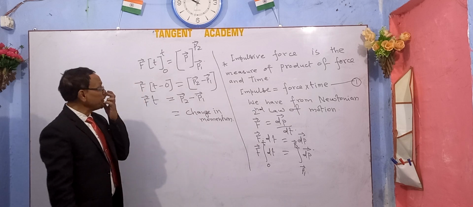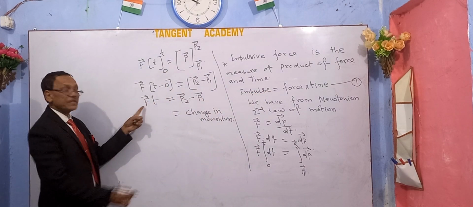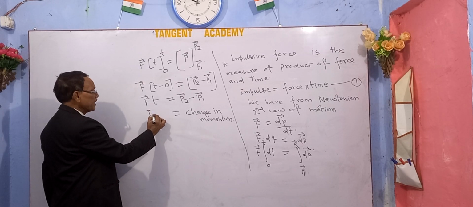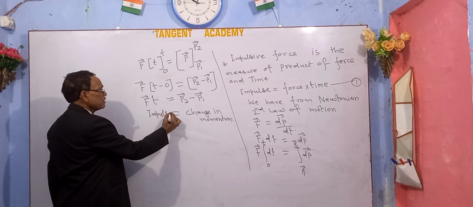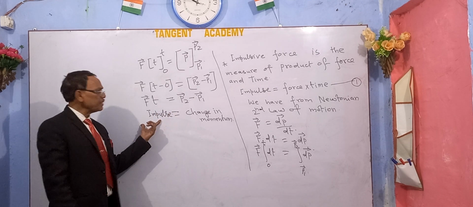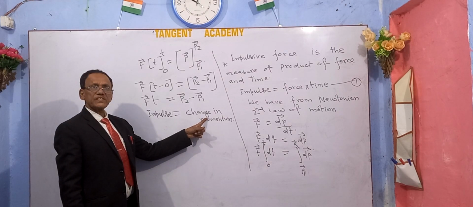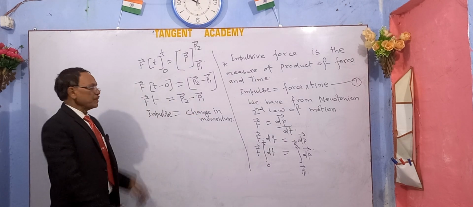And here we have defined impulse as force into time. So force into time is impulse. So in brief we can say that impulse is nothing but change in momentum.